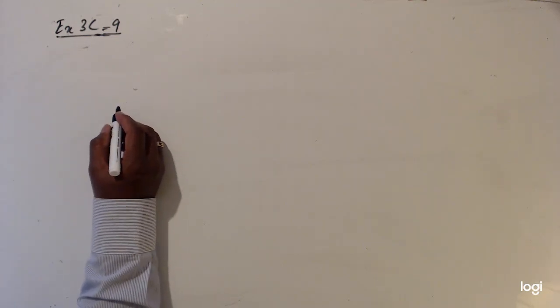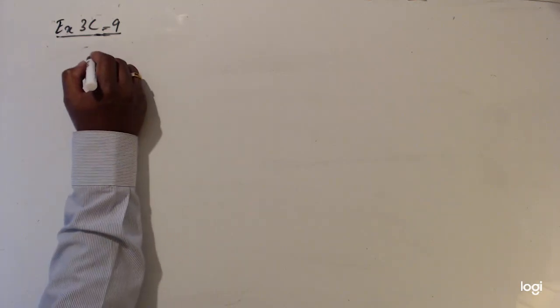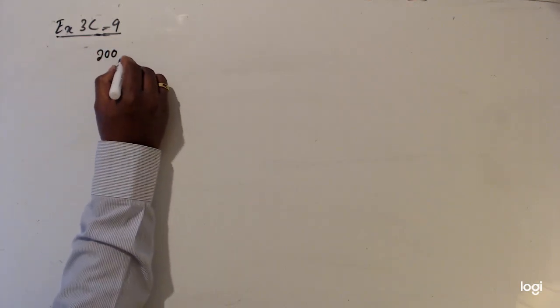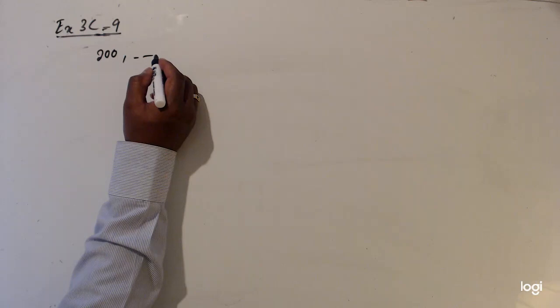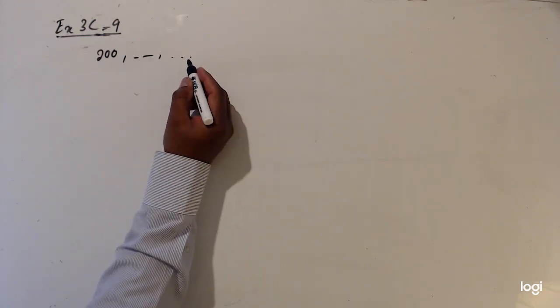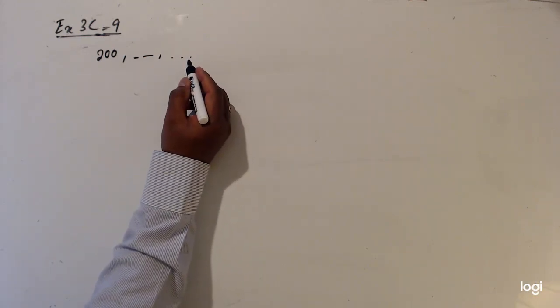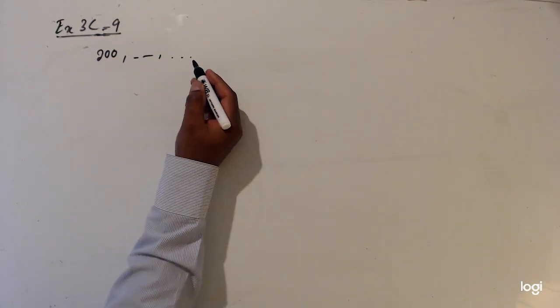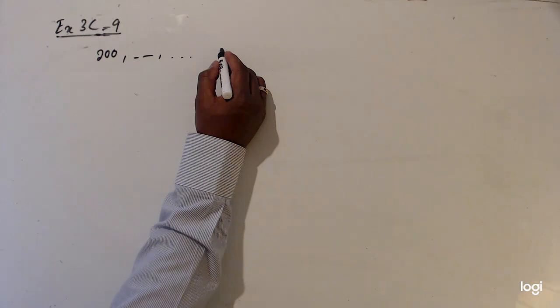Question number 9. A geometric sequence has the first term 200. The sixth term is given as 40.